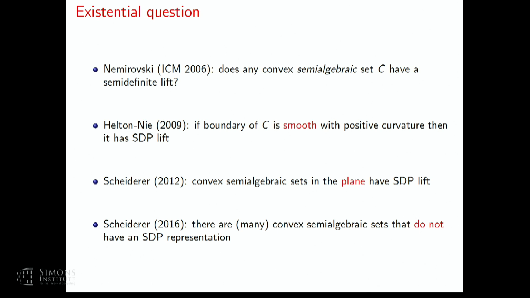I call this the existential question; it is more of a mathematical question. What I'm going to talk about in the rest of the talk is the complexity question, where you take a convex set that you know has a semi-definite representation, which is typically a polytope, and you ask what is the smallest possible semi-definite representation of it.